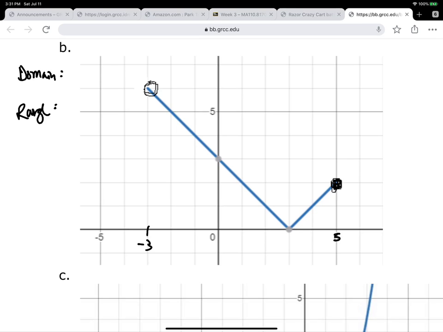So my domain in this case will be from -3 to 5. Now this time things are a little different. I have the open circle instead of the solid dot. So the open circle is a parenthesis, and the solid dot is a bracket. So this right here is my domain.